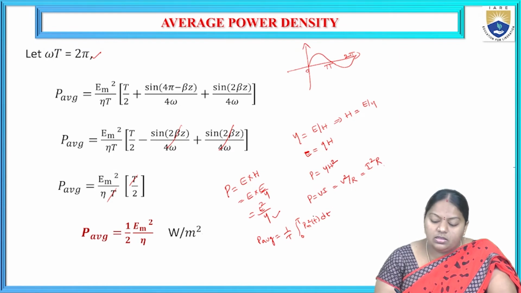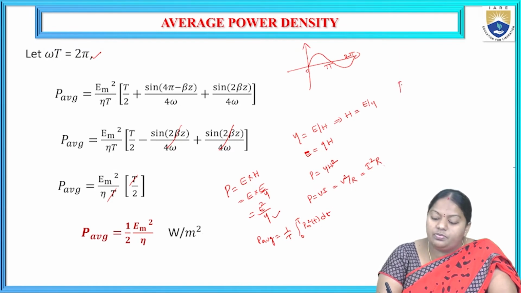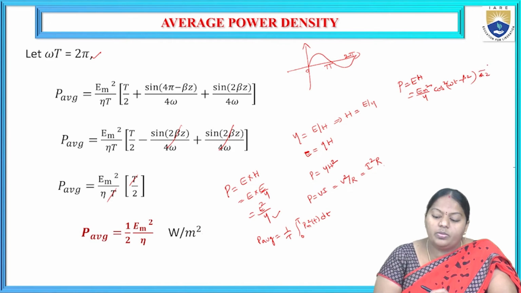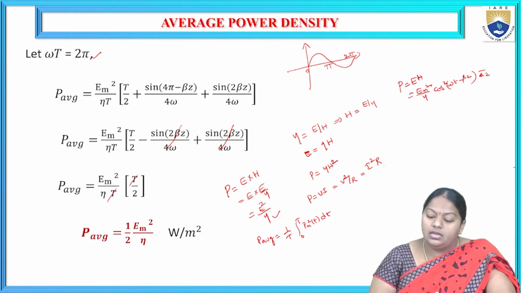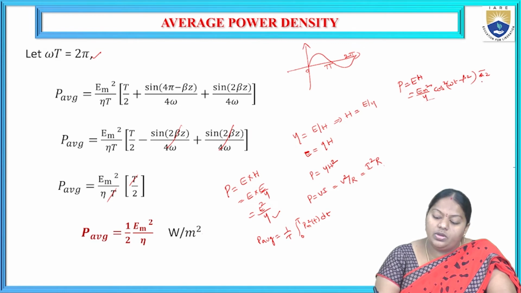So Pm square is the multiplication of P equal to E into H, and these two are to be multiplied by Em square by eta into cos square omega t minus beta z, into the unit vector Az. Why? Because E is in the x direction, H is in the y direction, and the cross product between x and y is given by z.